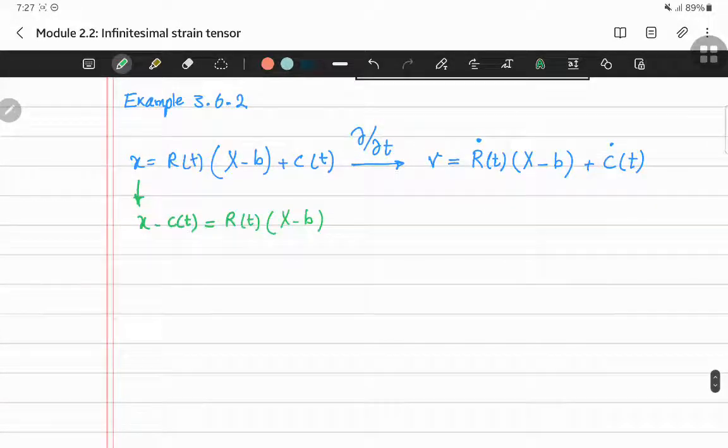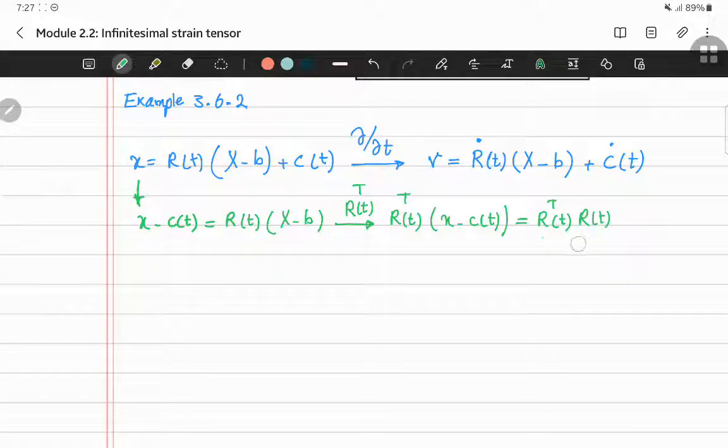So now, if I multiply each side by R transpose, then I'm going to have R(t) transpose times (x minus c(t)) is equal to, so R transpose R is basically I. And this is I times (X minus B), or simply X minus B.